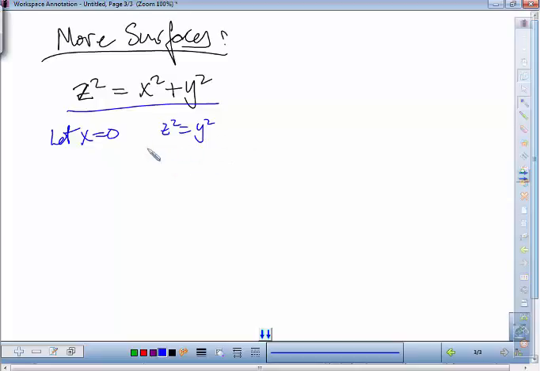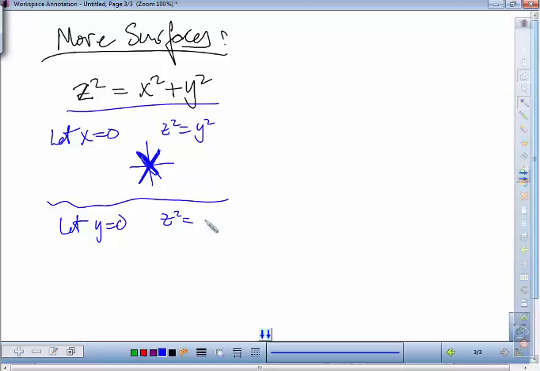So anyway, we get this. Weird. Let's let y equal to 0. Well, you're essentially going to get the same thing, right? So on the xz plane, you're going to get an x.